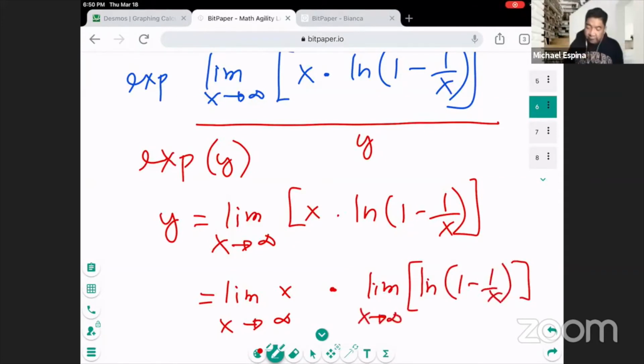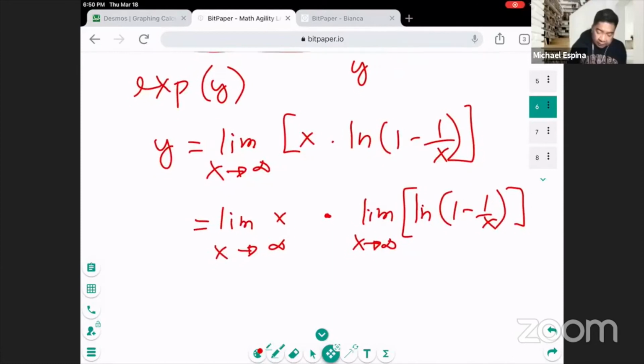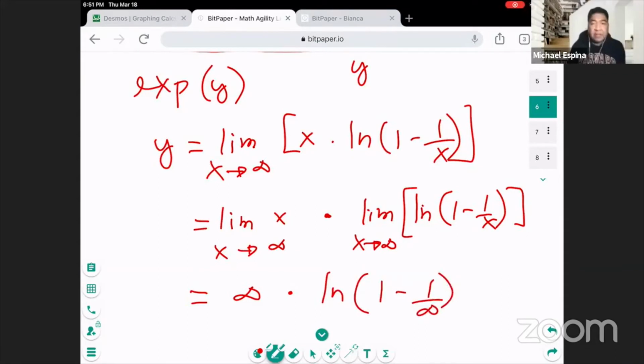So now we have a product of two limits. Let's take the value of the limit of x. This gives us infinity. And for the limit of ln of (1 minus 1 over infinity), 1 over infinity is equal to 0, and ln of 1 is equal to 0.